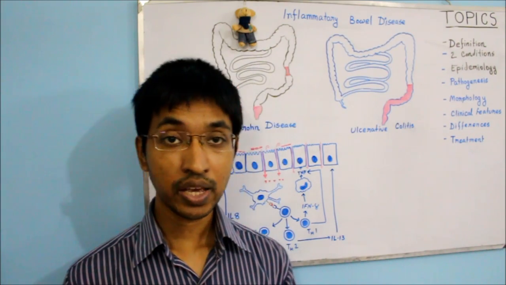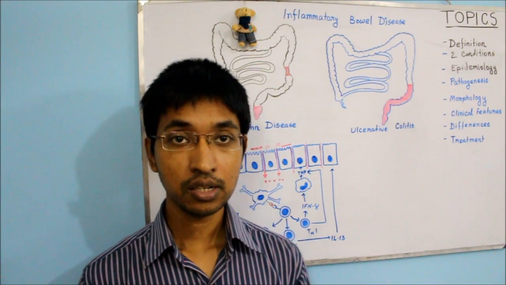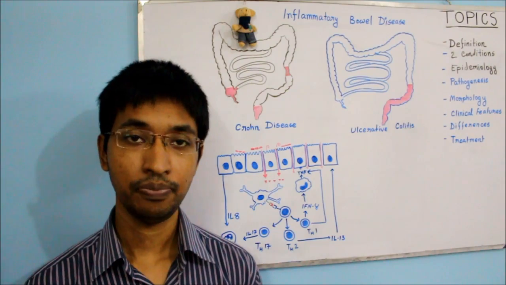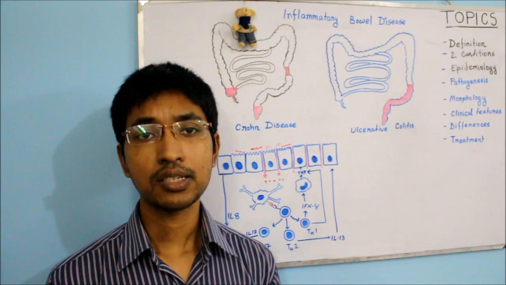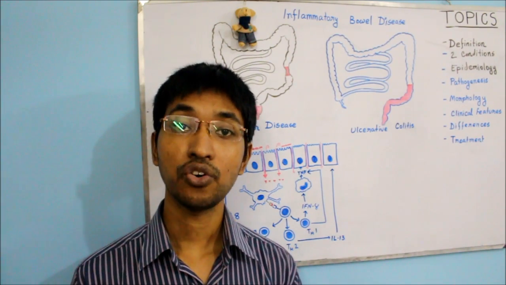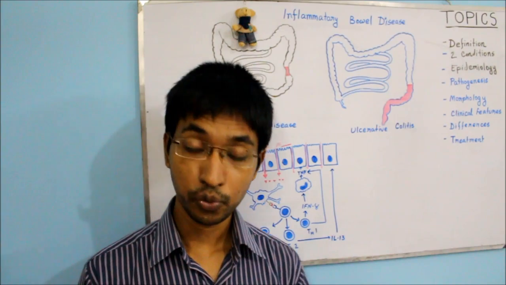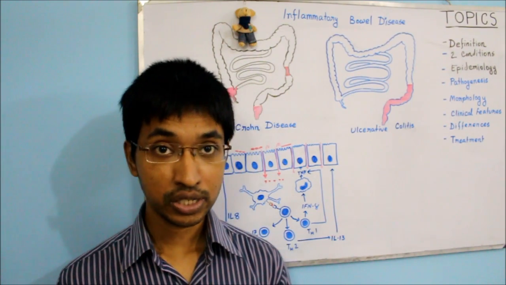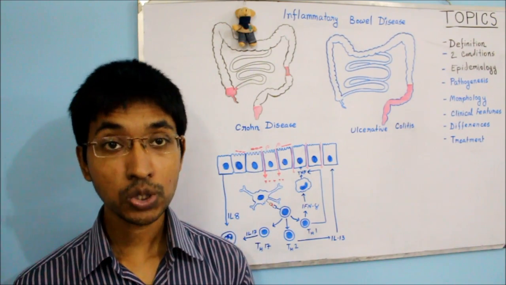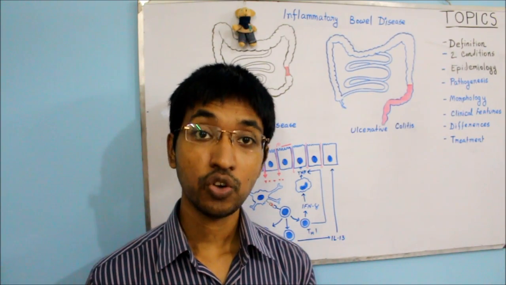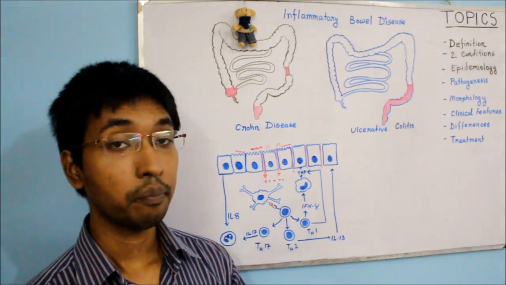And what did we say in the next line of the definition? Resulting from inappropriate mucosal immune activation. Now, what do we mean by that? Our body has an immune system that protects us from different harmful microorganisms, but sometimes the immune response can become inappropriate, and in this case there is an inappropriate immune response happening in the mucosa of the intestinal tract, and we will talk more about those immune responses when we talk about pathogenesis.